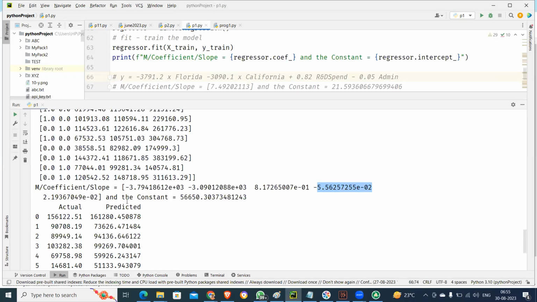Then again plus, you have the power minus 2, so 0.02, and this is your marketing spend.